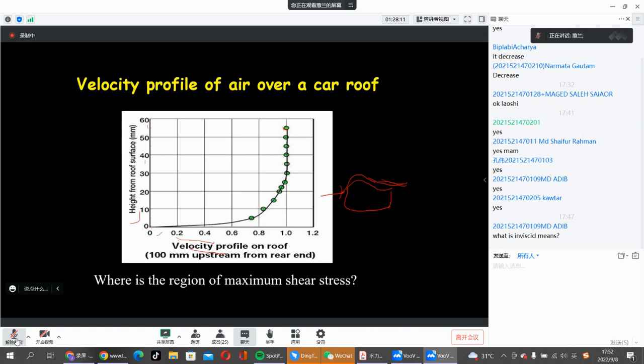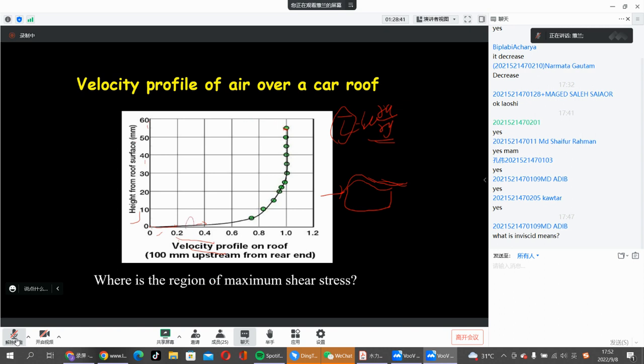We will have the maximum shear stress. Tau is equal to mu du dy, so shear stress is maximum when du dy is maximum. Du dy is which one? The slope, right? So here, the shear stress will have its maximum.